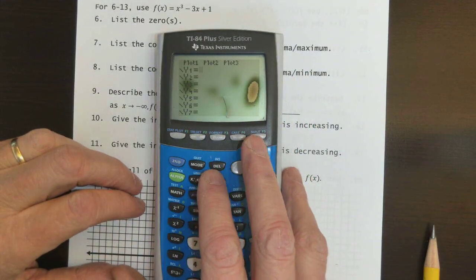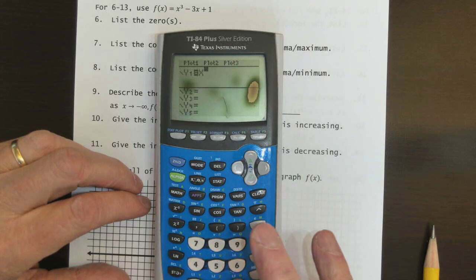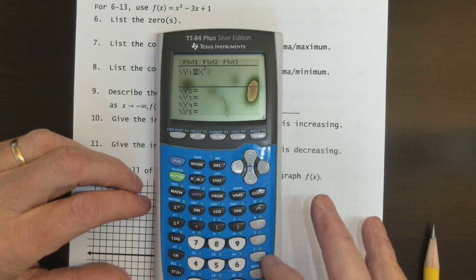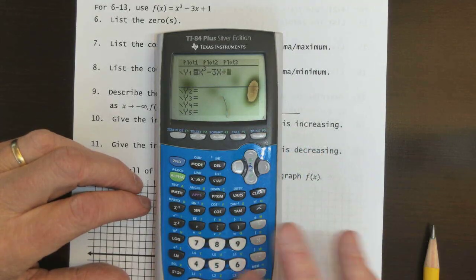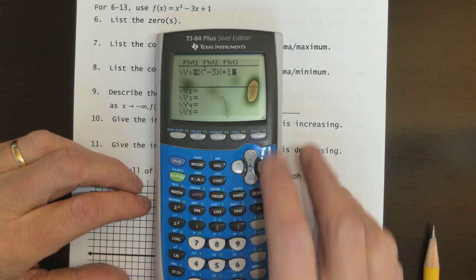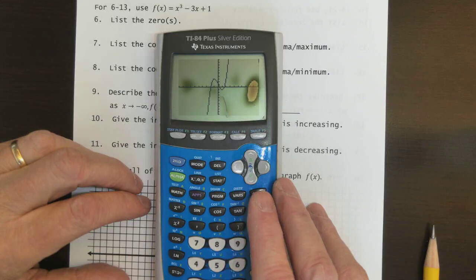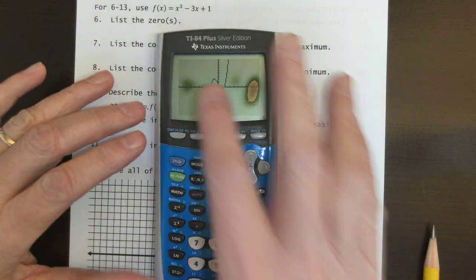Hit y equals x to the third, come down, minus 3x plus 1. I'm going to graph. That says list the zeros. Okay, it's a lot quicker on Desmos, but I'm going to use this.